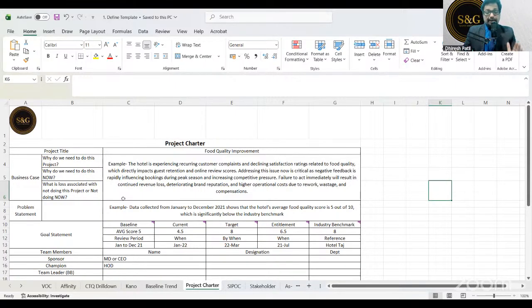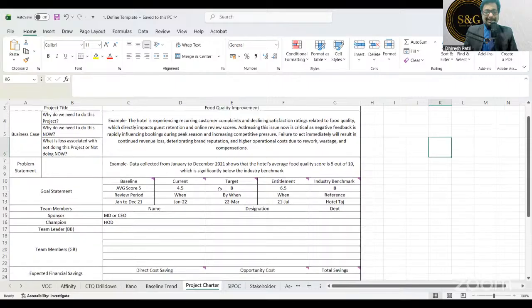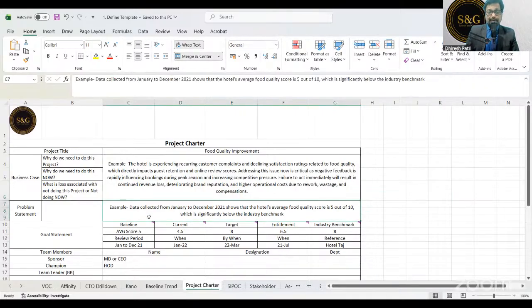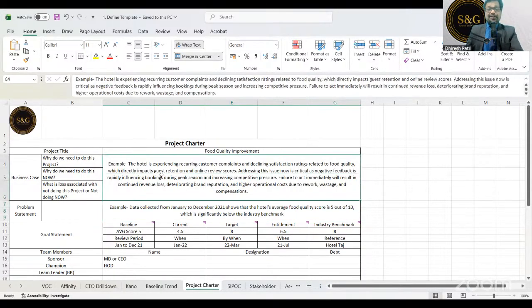Now, what you can do is, these reference things are already inserted. For example, how to write a problem statement: data collected from Jan to December 21 shows that the hotel's average food rating is 5 out of 10, etc. You can refer to this and make your own statement, your own business case, and your own goal statement.